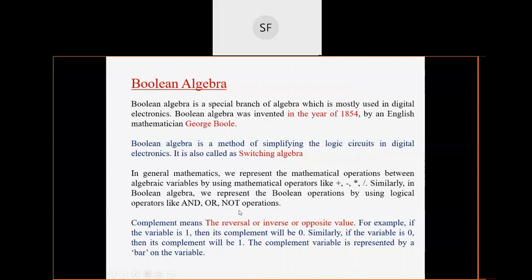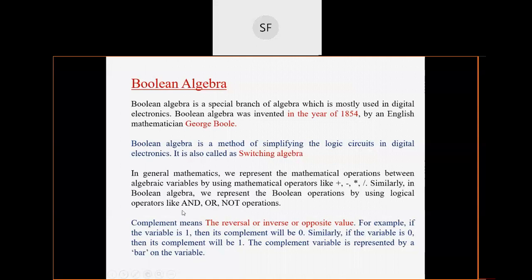We have already seen the functioning of AND, OR, and NOT gates, right? Any expression can be written in terms of these three operators. You take any expression in Boolean algebra, these three operators will always be there.